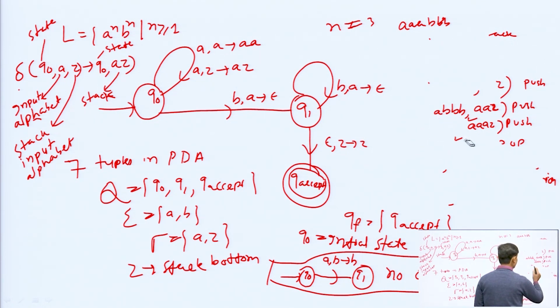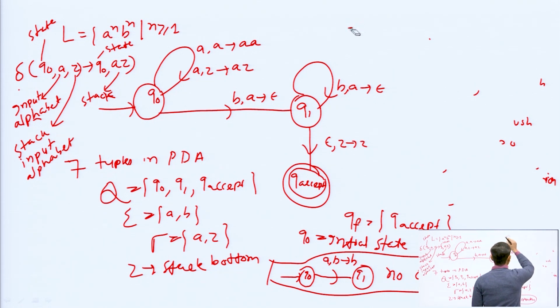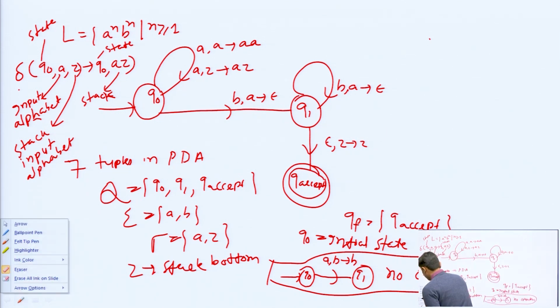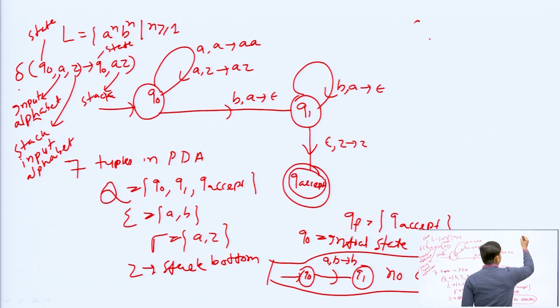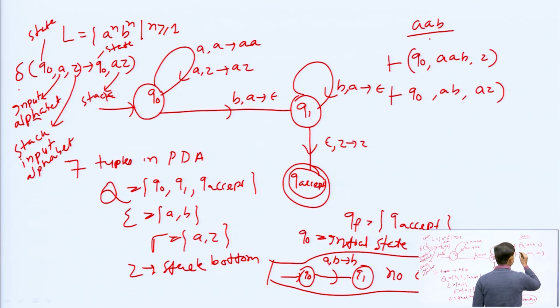How is this wrong string 2A 1B rejected by this pushdown automata? Now start from Q0. The input is A, A, B, and the stack is Z. Then you have to push: Q0, A, Z. Then what do you have to do? The input is A, B, and the stack is A, Z. Push, you have to push it.